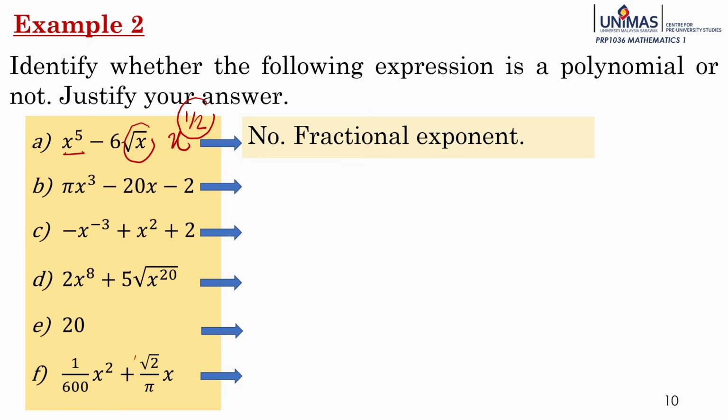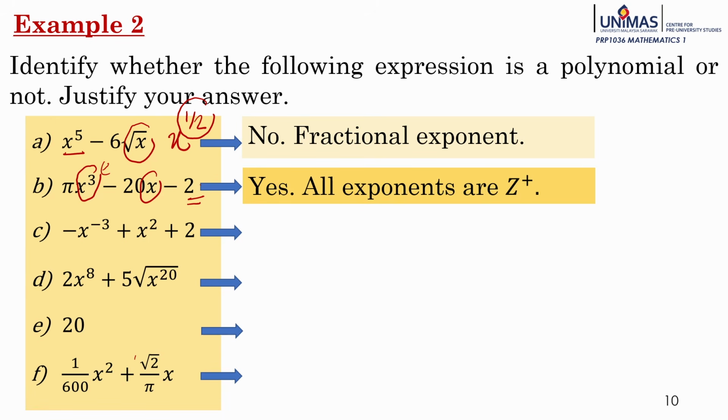Okay, B. You see here, we can see only the variable x to the power of 3, x, and then here is x to the power of 0, right? Because it's a constant. So that means it's a polynomial because all the powers are positive integers. Yes, because all exponents are in Z plus.